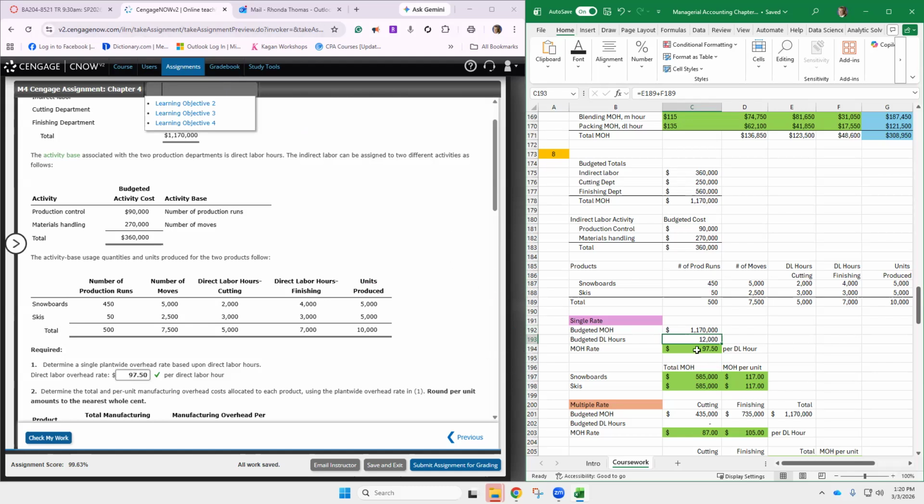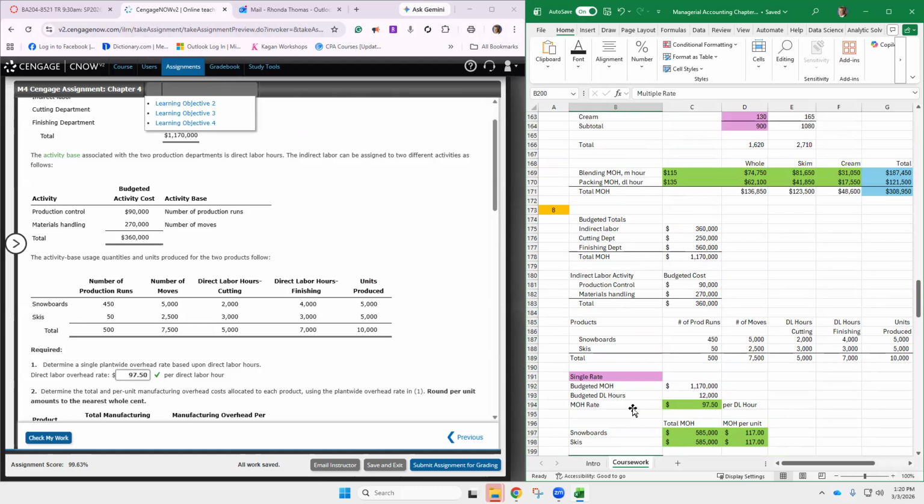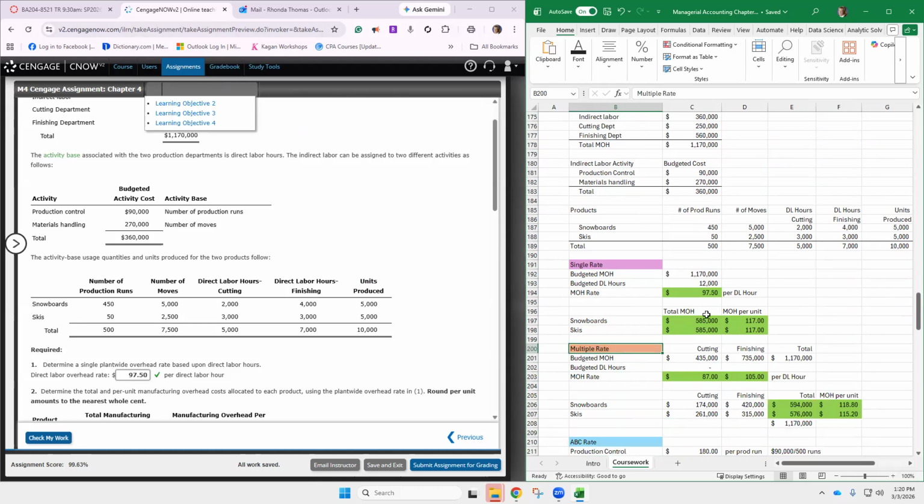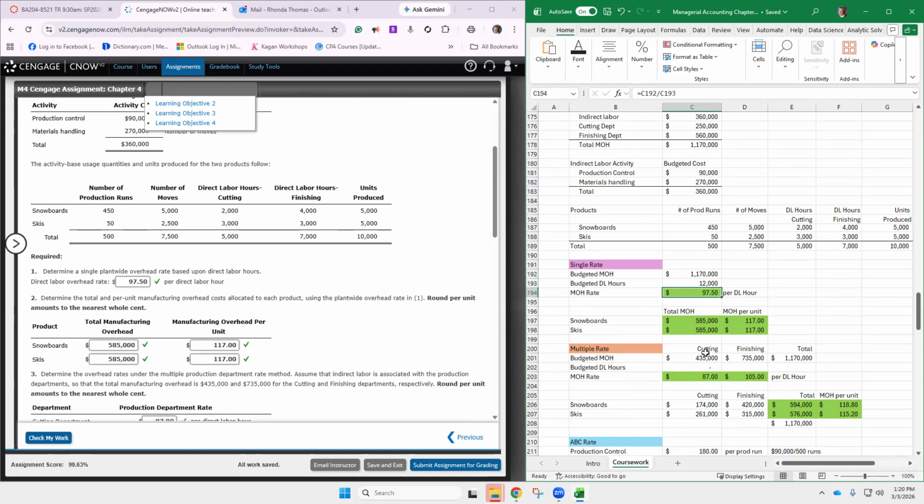Okay, so once again, we left off with the single rate, which is 97.50. So then if we take our snowboards, and remember, this is direct labor, right?